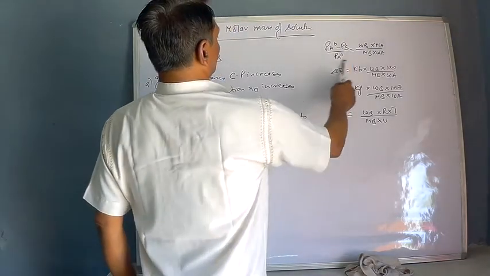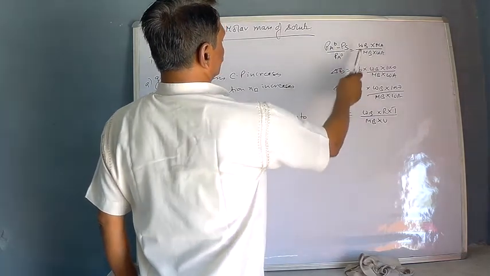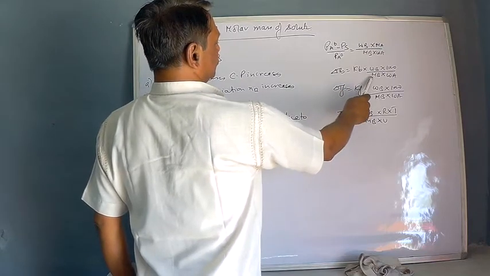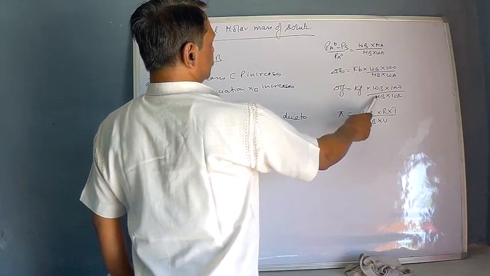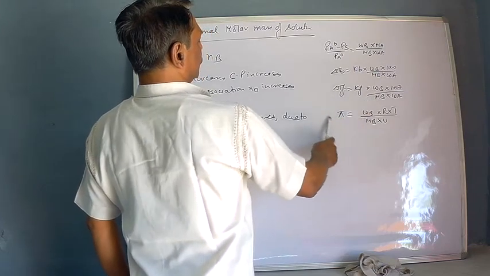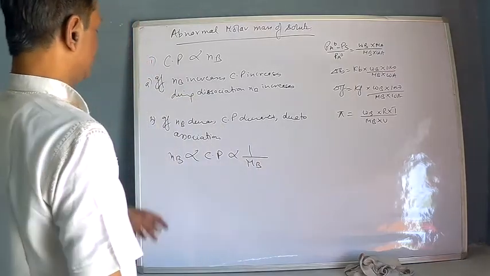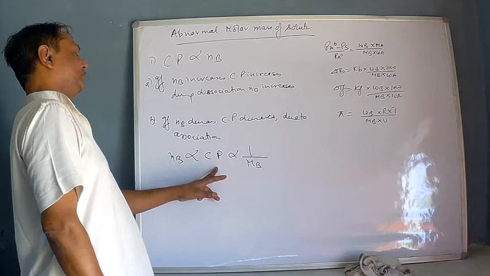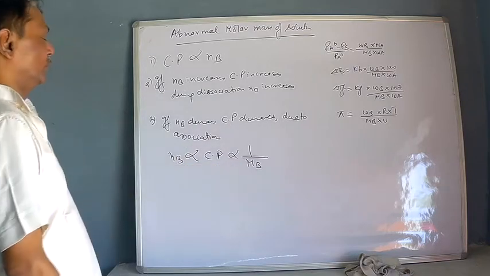Relative lowering of vapour pressure is inversely proportional to molar mass of solute. Elevation in boiling point, again inversely proportional to molar mass of solute. Delta Tf again inversely proportional to molar mass of solute, and osmotic pressure is also inversely proportional to molar mass of solute. Hence, we can say number of moles of solute particles is directly proportional to colligative properties, and colligative properties are inversely proportional to molar mass of solute.